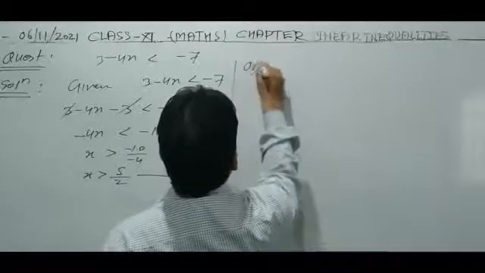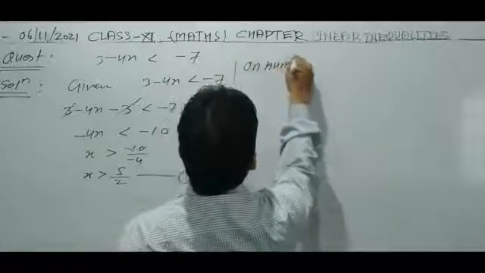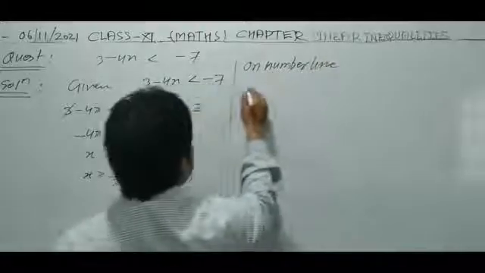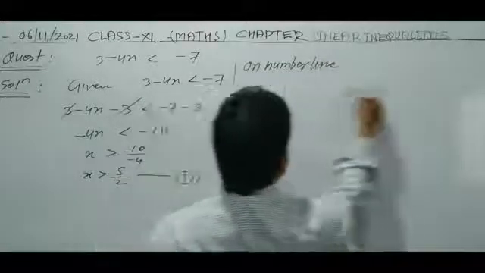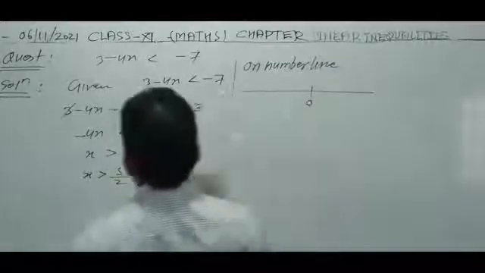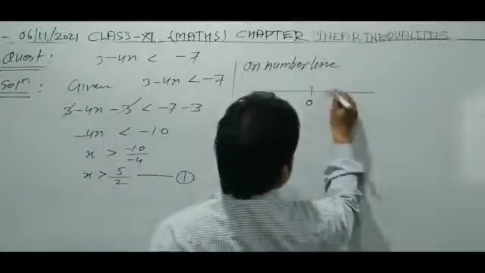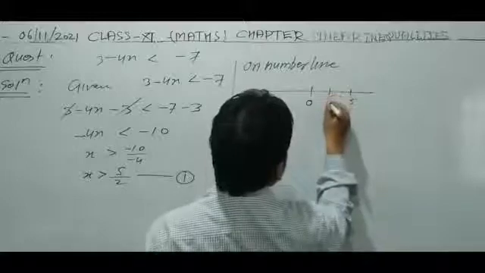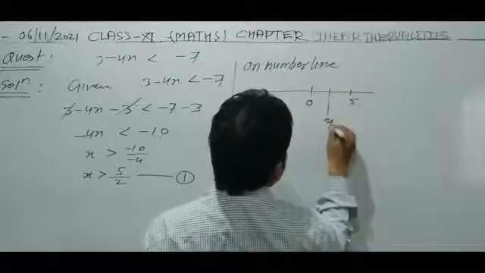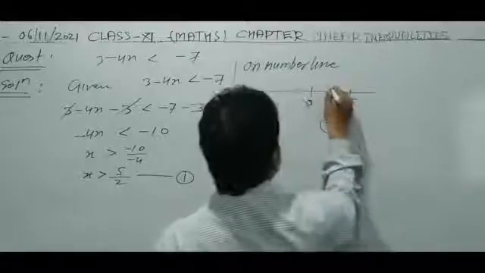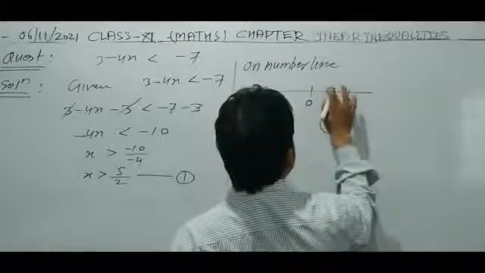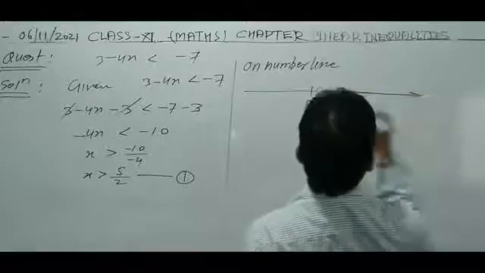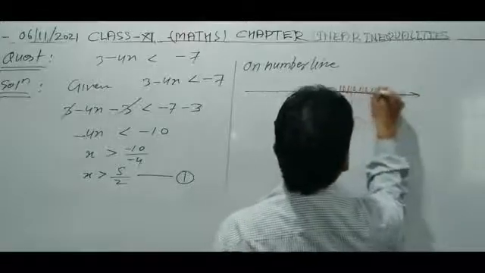On the number line, more than 5 by 2 means this is 2.5, this is 5, so this will be 5 by 2. So more than 5 by 2 in this case, this will be the region.